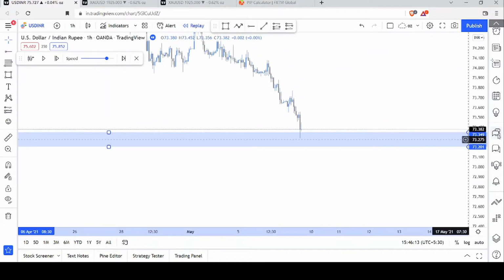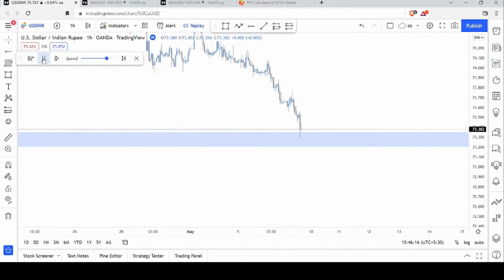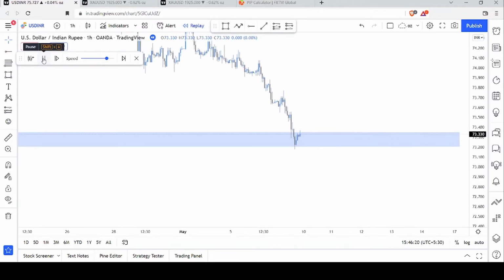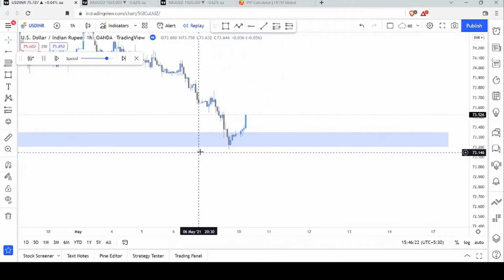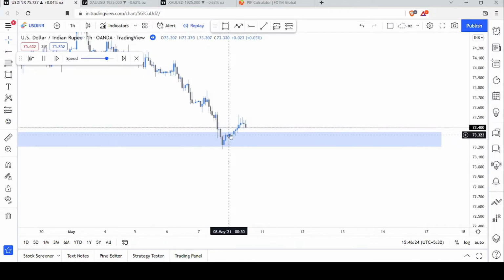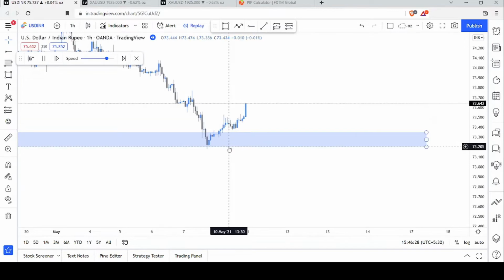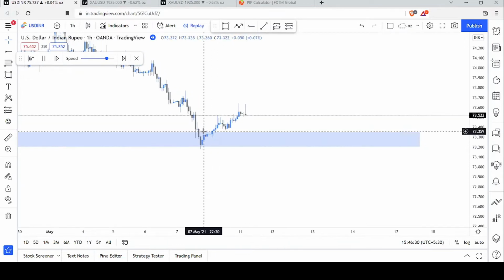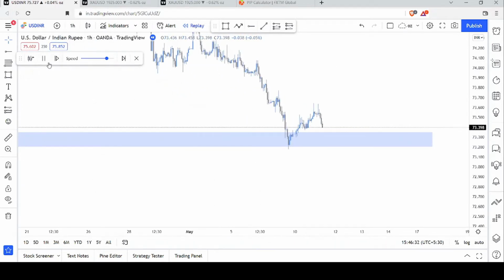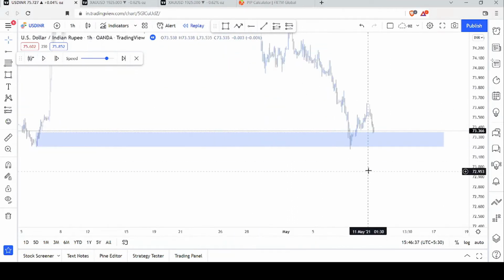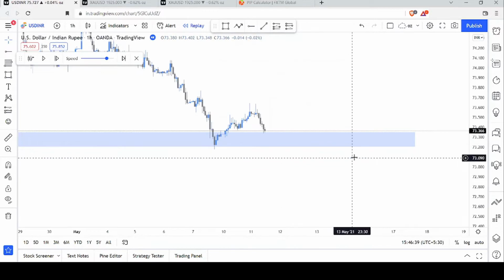How you refine, that's a different story. No, nothing. If you would have just bought here, right, with no confirmation and your stop loss was just below this, this would have already taken you up. However, as you can see here, this is no more valid to us. This zone is already broke, right?